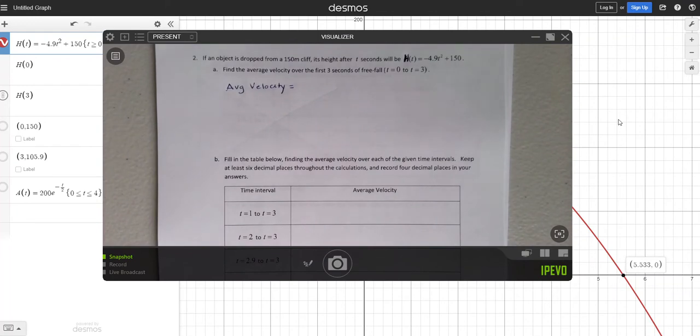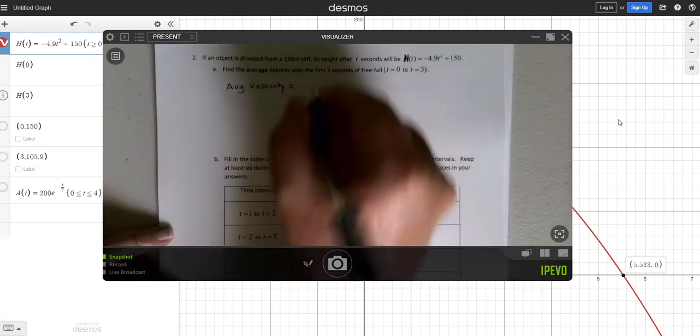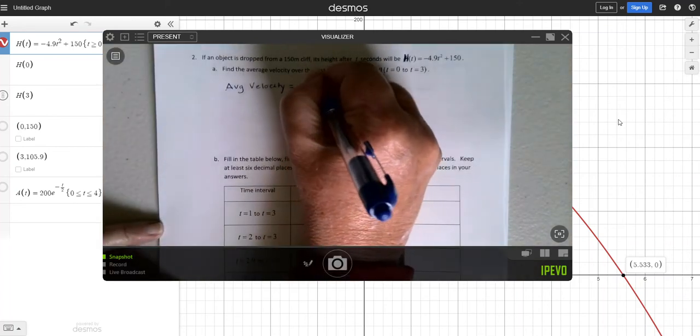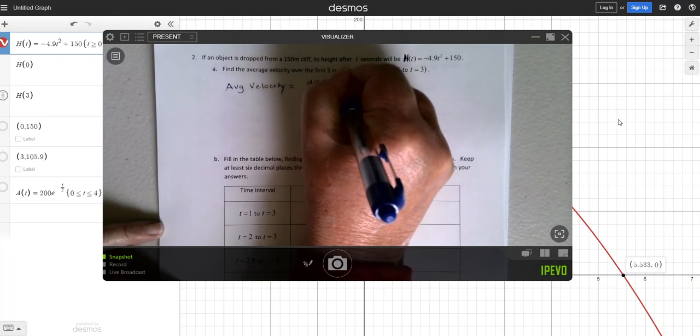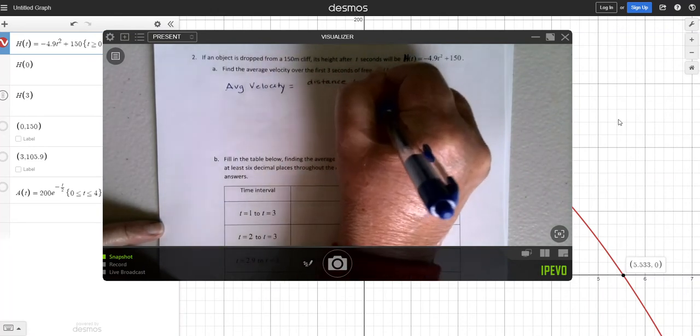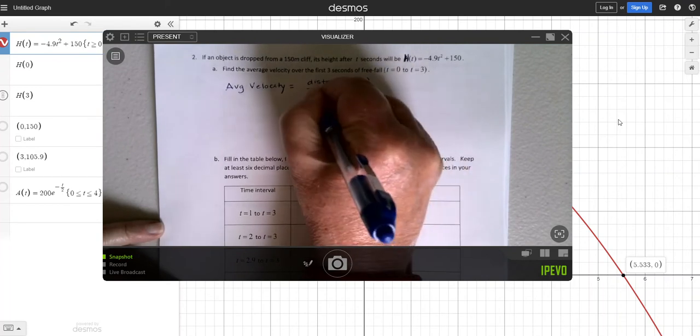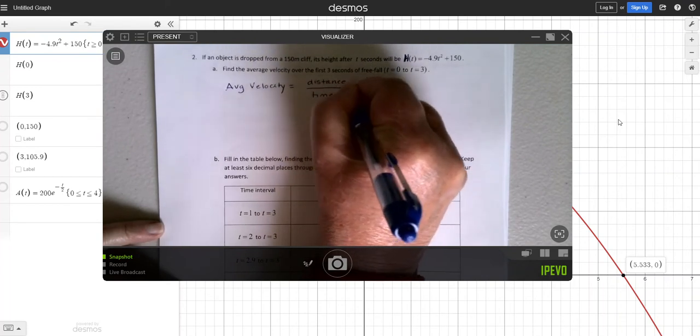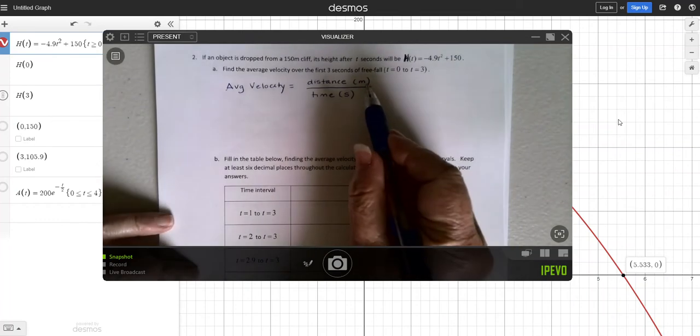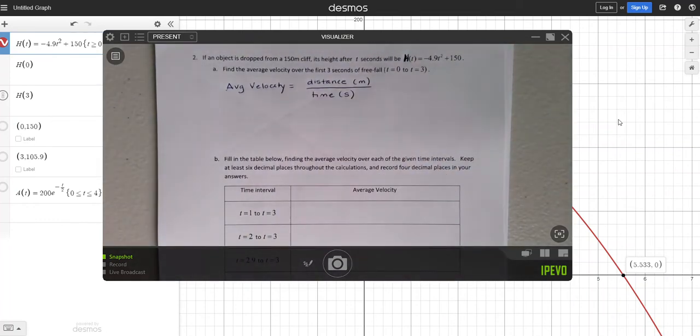It would be meters divided by seconds to get meters per second. So I'm going to say the distance in meters divided by the time in seconds will give me a velocity in meters per second.